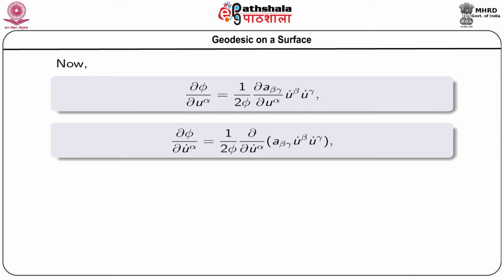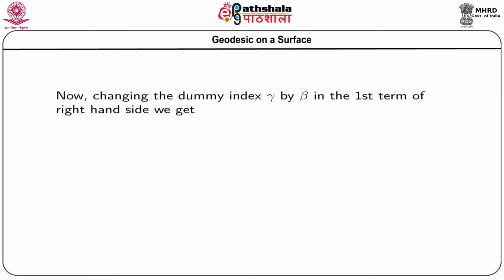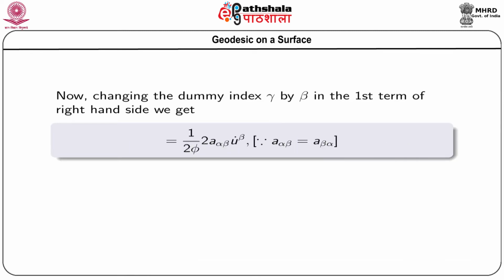Taking the partial derivative of the right hand side, we get the following expression, which comes to 1 by 2 phi times a alpha gamma u dot gamma plus a beta alpha u dot beta. Now, changing the dummy index gamma to beta in the first term of the right hand side, we get 1 by 2 phi times 2 a alpha beta u dot beta.